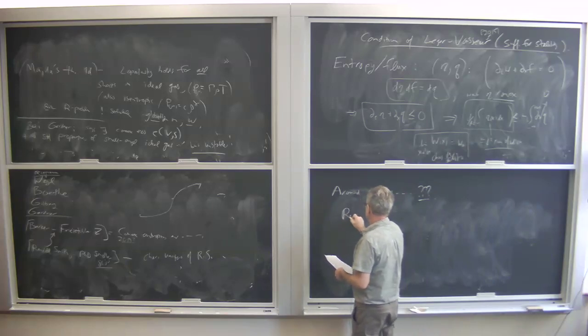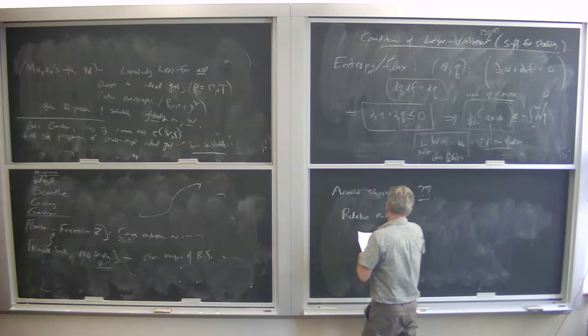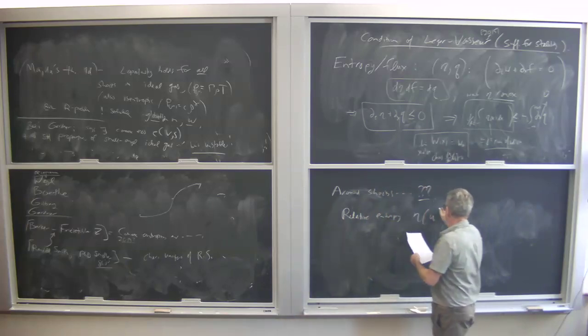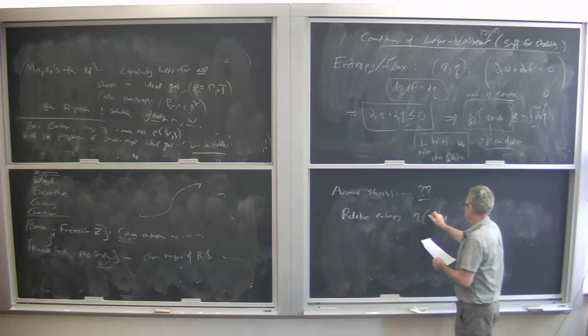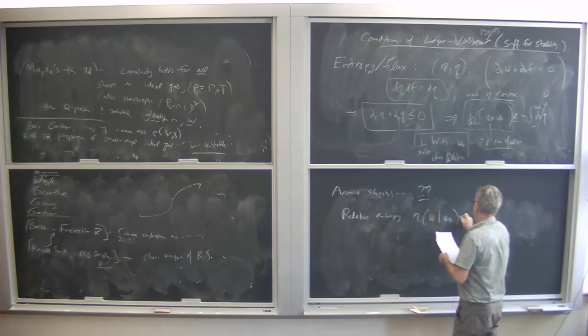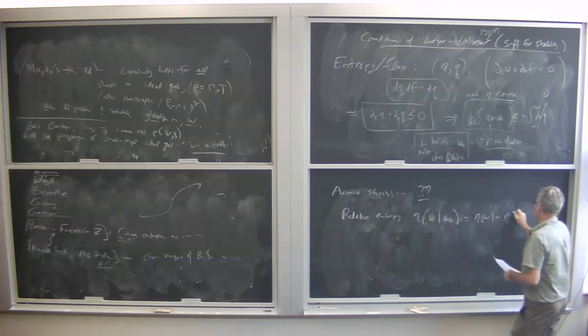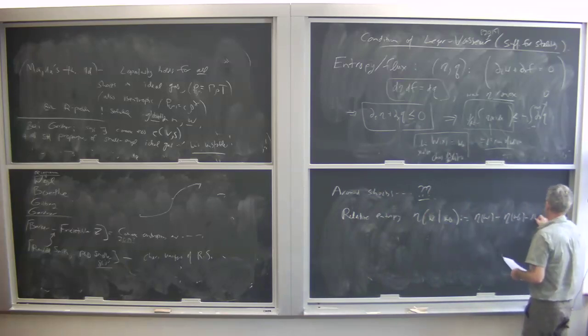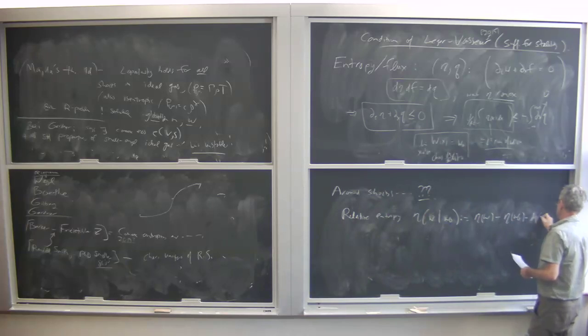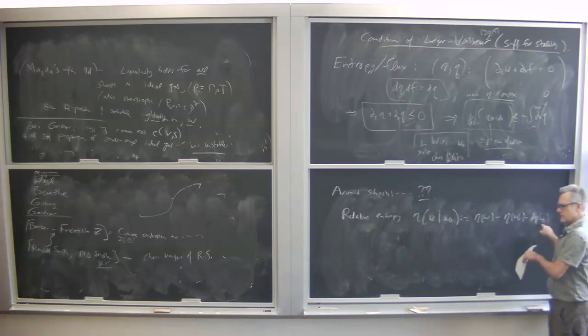define a relative entropy. Eta of u, of w naught is going to be eta of w minus eta of w naught minus d eta at w naught, which is shorthand for just the differential, times w minus w naught.